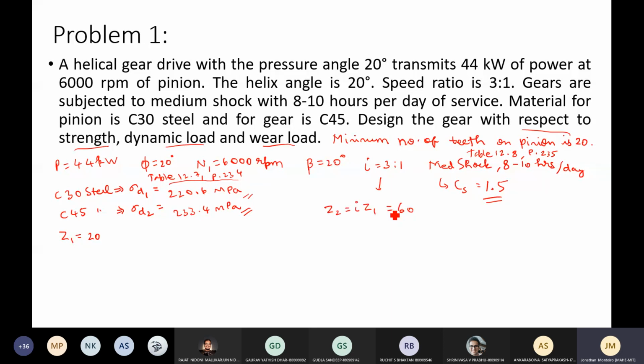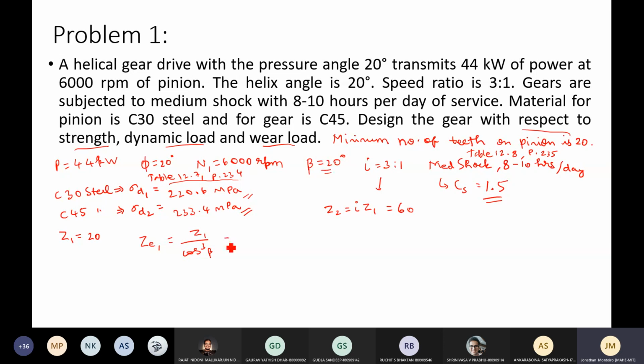Okay, fine. Now coming to the virtual number of teeth, what you have to do. So we have the equation ZE1 is equal to Z1 by cos cube beta. Beta is 20 degrees here. So 20 by cos cube of 20 degrees.